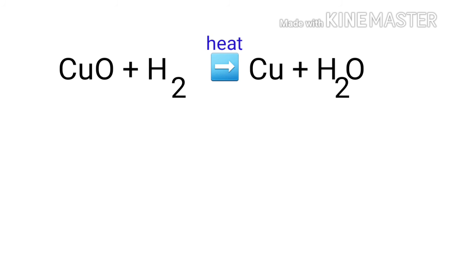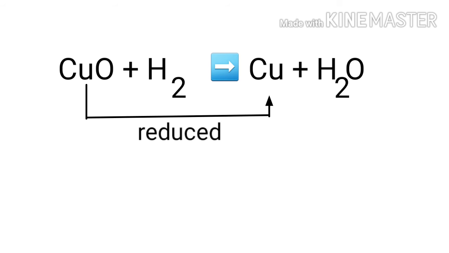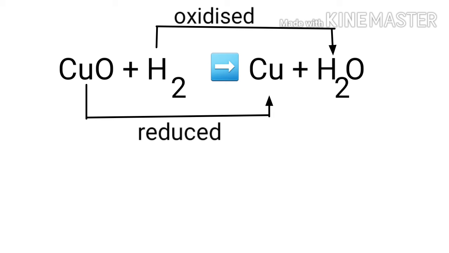Here is one example. CuO + H2 gives Cu + H2O. Here in this case, copper oxide loses oxygen and is said to be reduced, and hydrogen gains oxygen and is said to be oxidized.